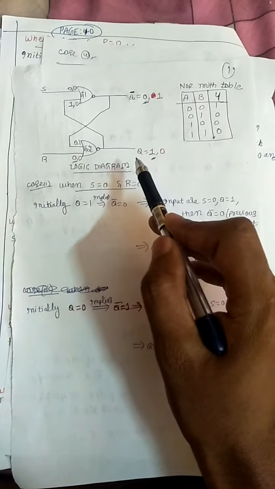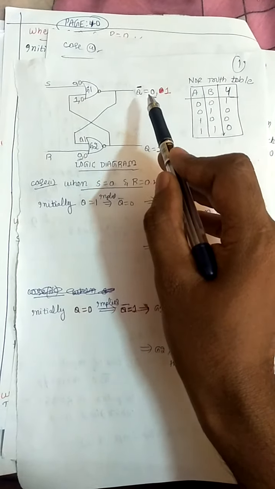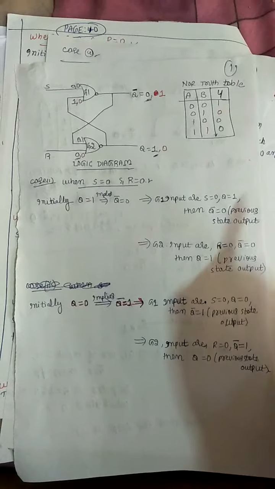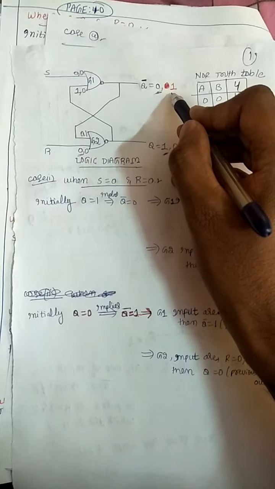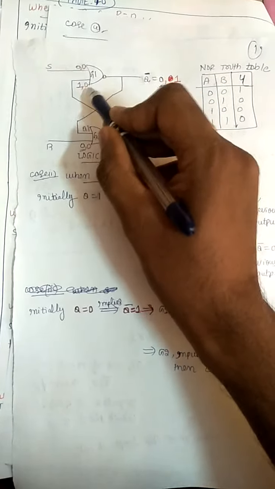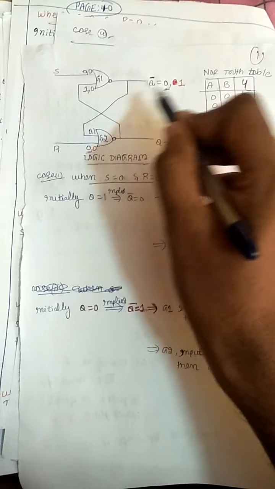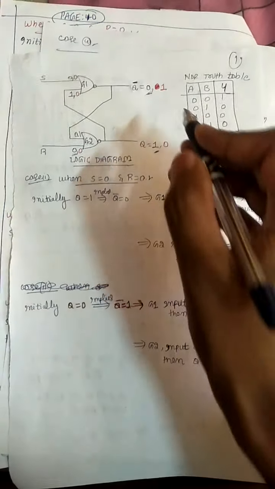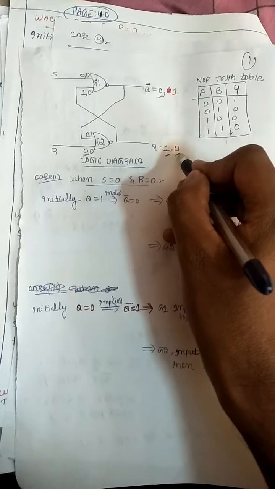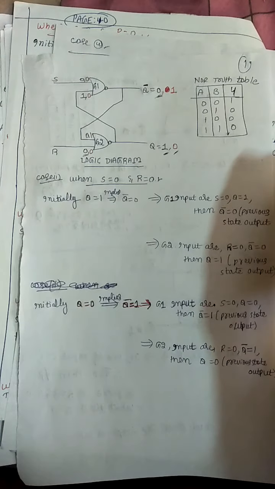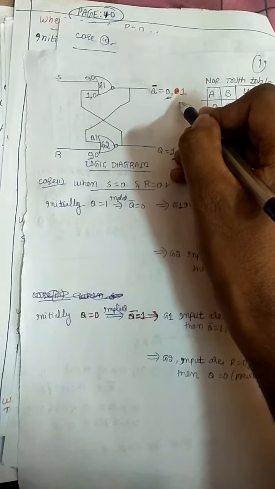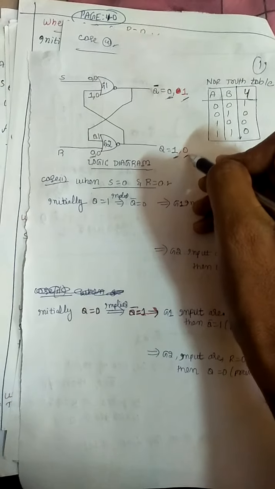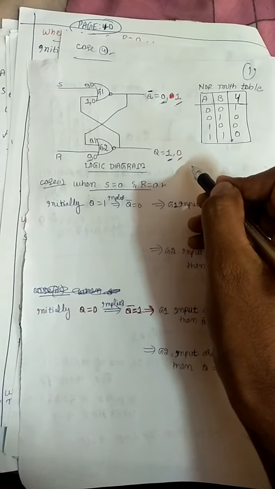I assumed Q is 1 and Q bar is 0. Now we consider the second digits of all the inputs and outputs. In the second case, I will assume Q as 0 as the previous output, and Q bar, obviously the complement, will be 1.